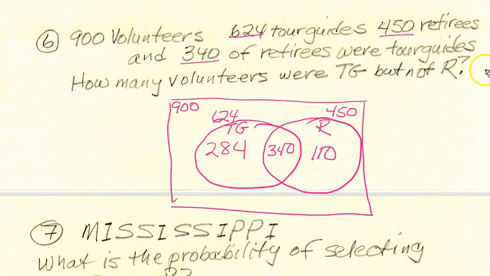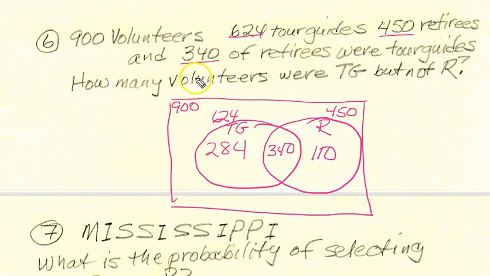And then now let's see what they're asking. By the way, if we added these three up and then subtracted it from this, these would be part of our volunteers that were neither of these. But let's see what they're asking.